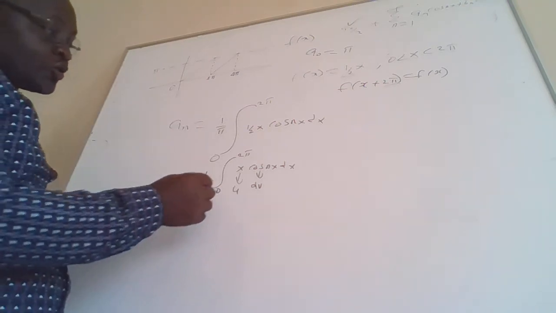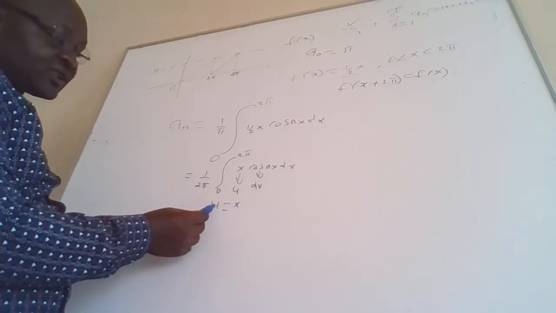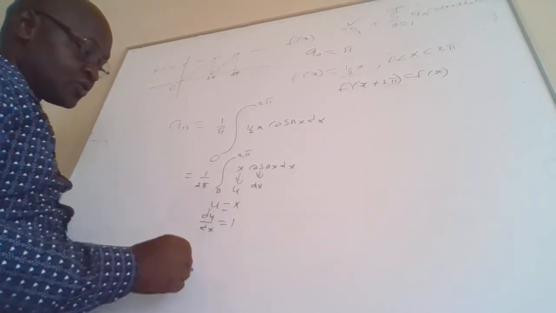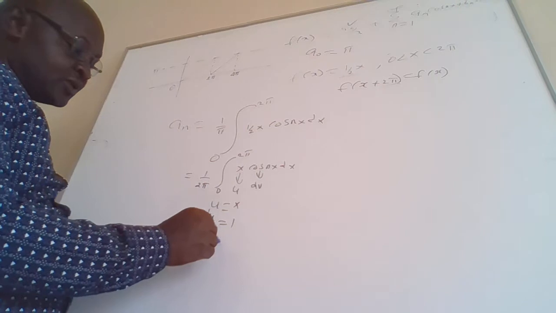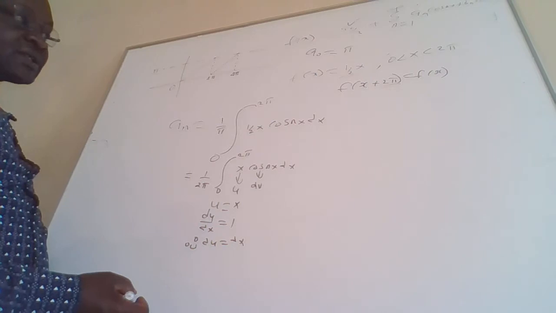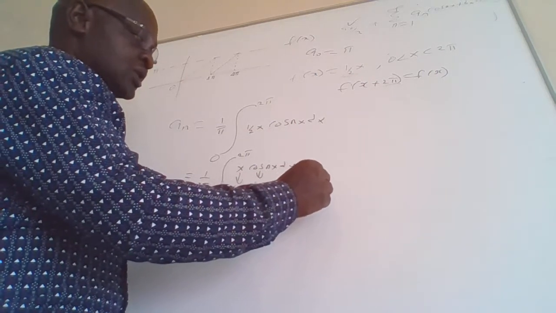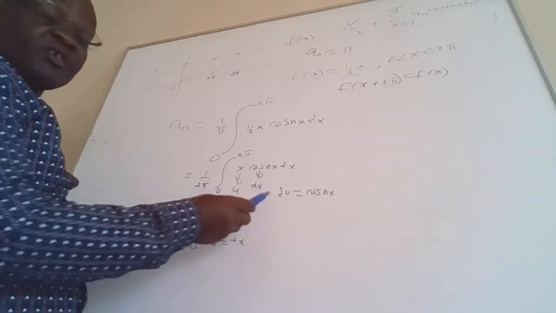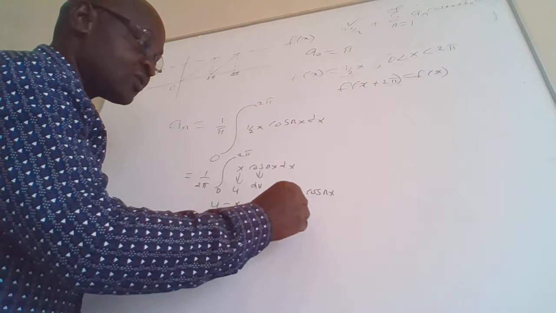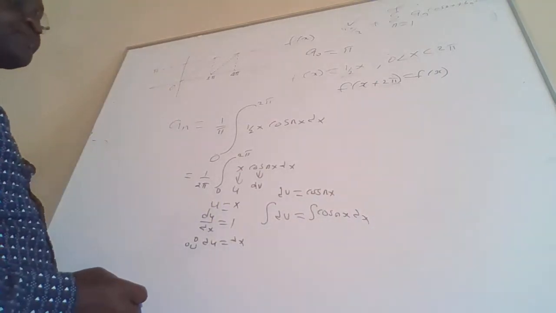Now, we have u equals x. So we differentiate with respect to x, so we get du/dx equals 1. Therefore, du equals dx. And then here dv equals cos nx. To get the value of v, we integrate both sides. So we integrate dv equals the integral of cos nx dx.